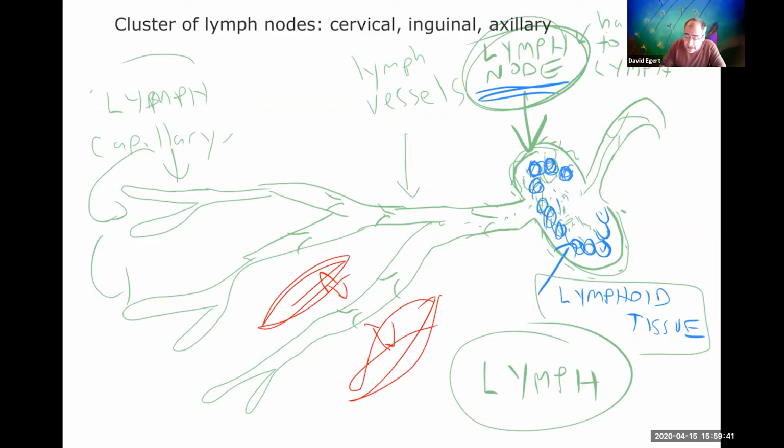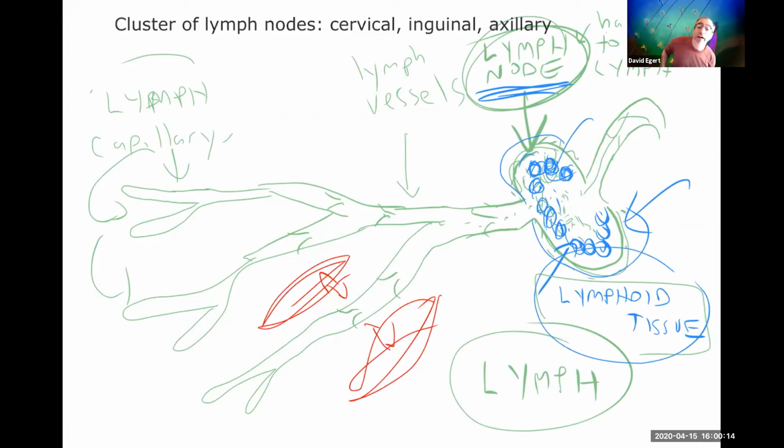As that happens, you're going to get more of those follicles, and the lymph nodes enlarge. That's the swollen glands: the white blood cells in the lymph node multiplying and enlarging the lymph node. So that's one place we find this lymphoid tissue, inside the lymph nodes.